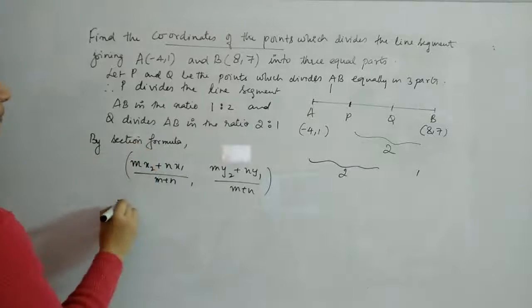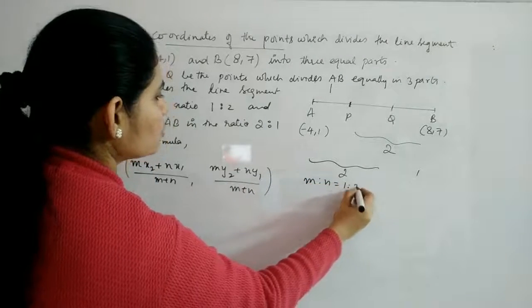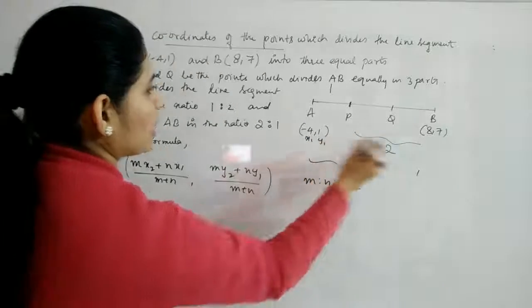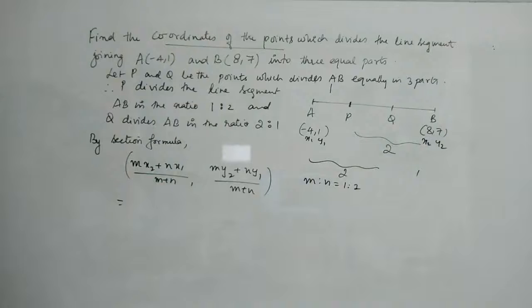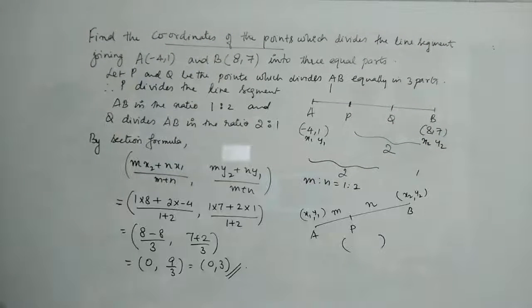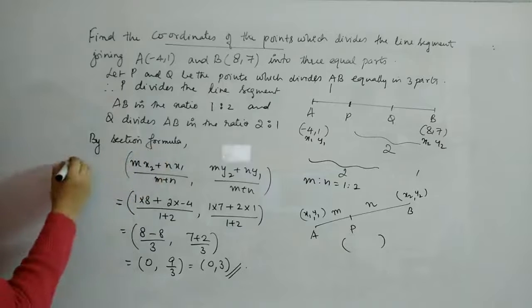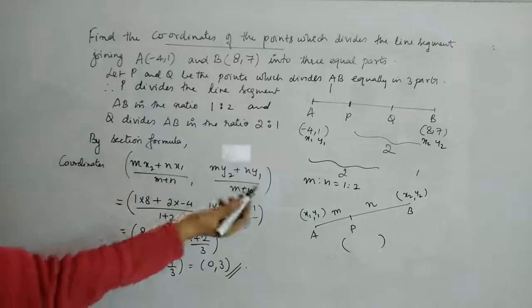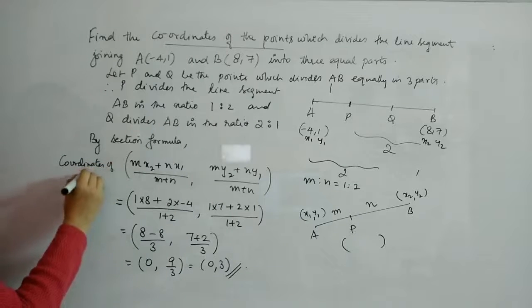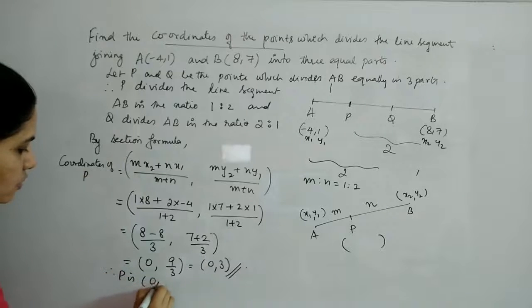Here you have m:n as 1:2. This is your x1, y1, x2, y2. Replace the values and find out what you are getting. So like this you will get the coordinates of P, because that is dividing it in the ratio 1:2. Okay, so P is 0,3.